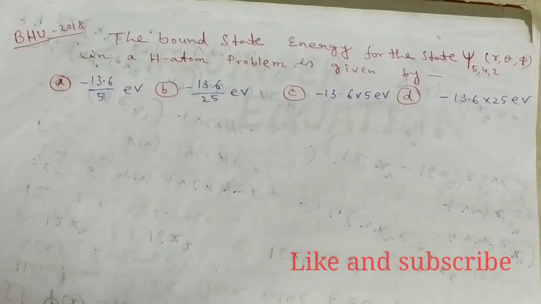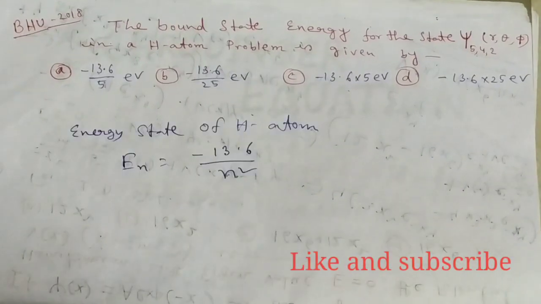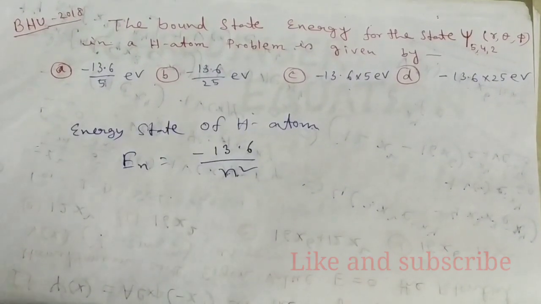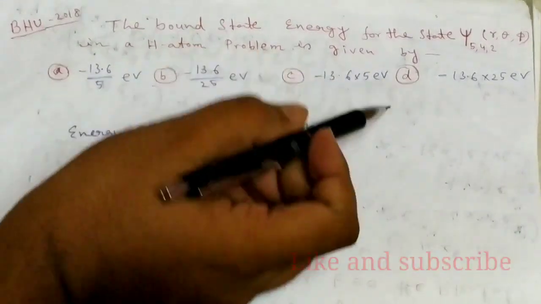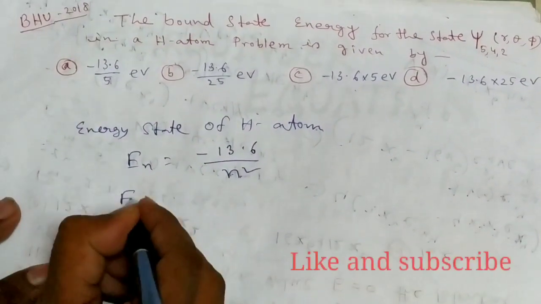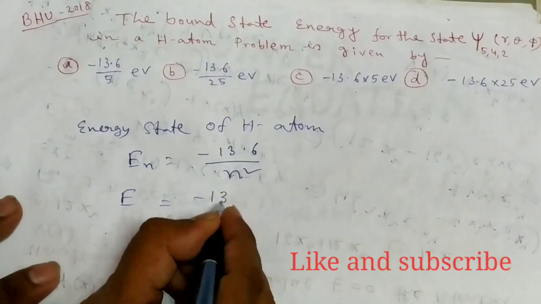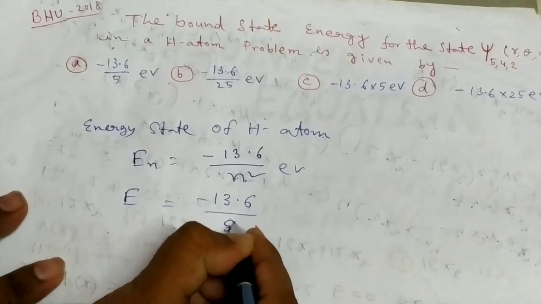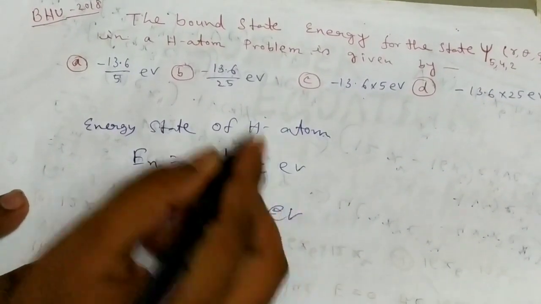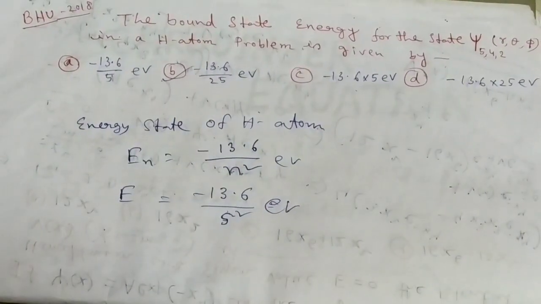So you remember this equation only, that the energy state for hydrogen atom E_n is equal to minus 13.6 by n square. Here n is equal to 5, so E is equal to minus 13.6 by 5 square, that means 25. So answer B is correct.